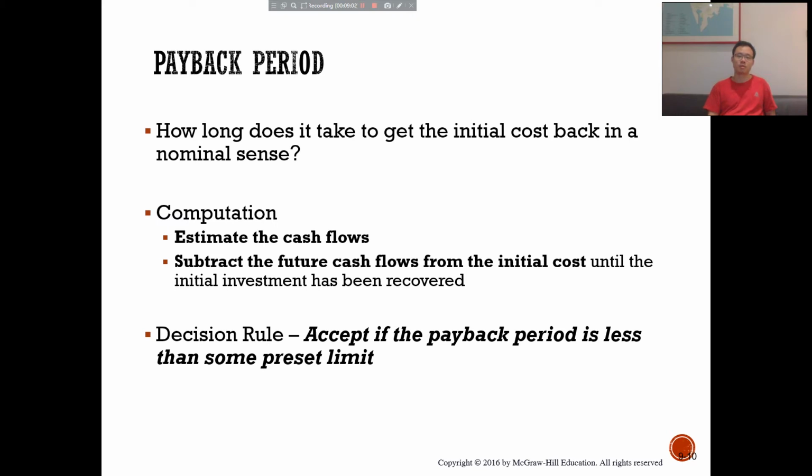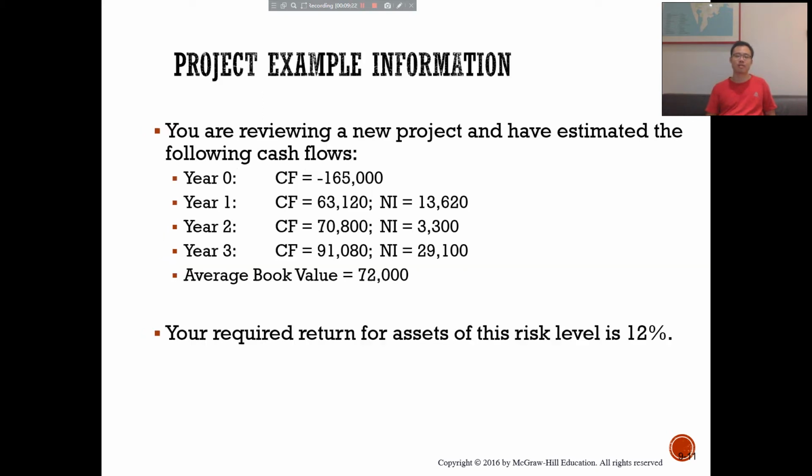You estimate the cash flows and subtract the future cash flow from the initial cost until the initial investment has been recovered. The decision rule is that you accept this project if the payback period is less than some preset limits. So how do we understand this?